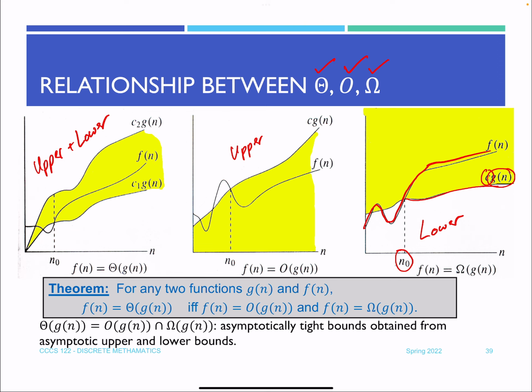The syntax is very similar to what you've seen for the big O and the big theta functions. In that case, we say that function f is big omega of function g of n.